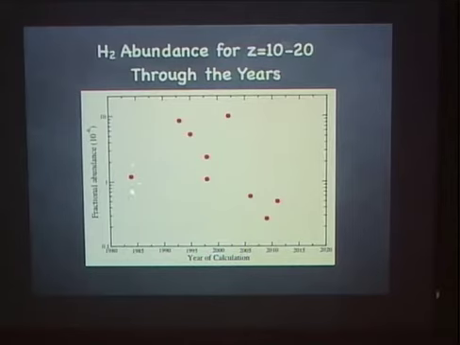Starting back in 84, and surely there are others, and I missed some, you can see quite a variation, almost a factor of 50. And these last three all include the distortion photon effect. Before that, distortion photon effects weren't included. So we're not talking about 0.1%, we're talking about factors of a few to get the H2 abundance correct.